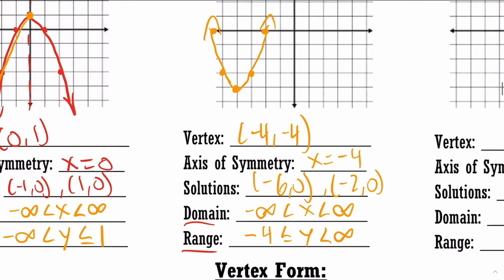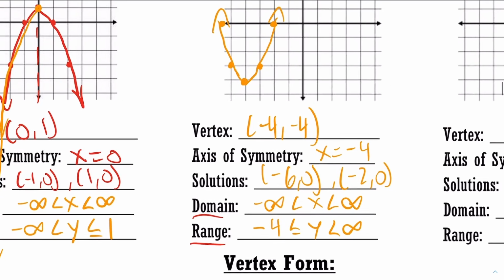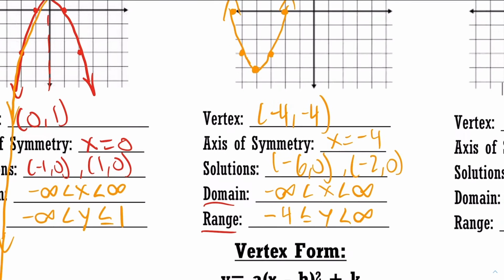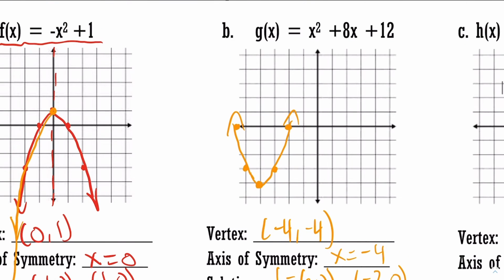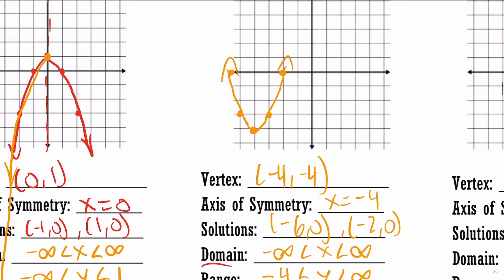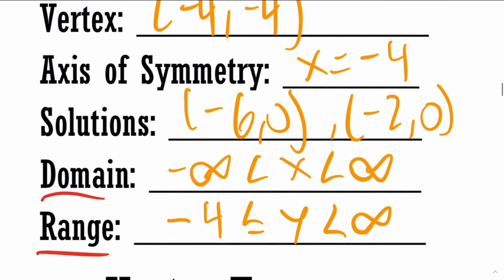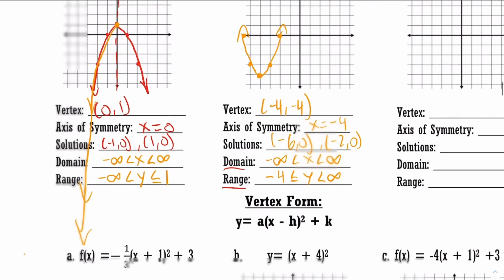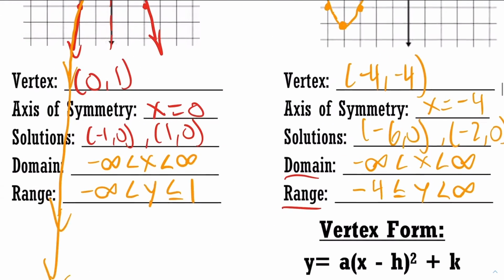Something I noticed while doing the second one was that whenever the y for the range is being bound, the boundary is that -4. If you look at the graph, -4 does get plugged in and it is a solution. It does reach that -4 for the y. Because it reaches that -4, it's important that you include that it's greater than or equal to it.